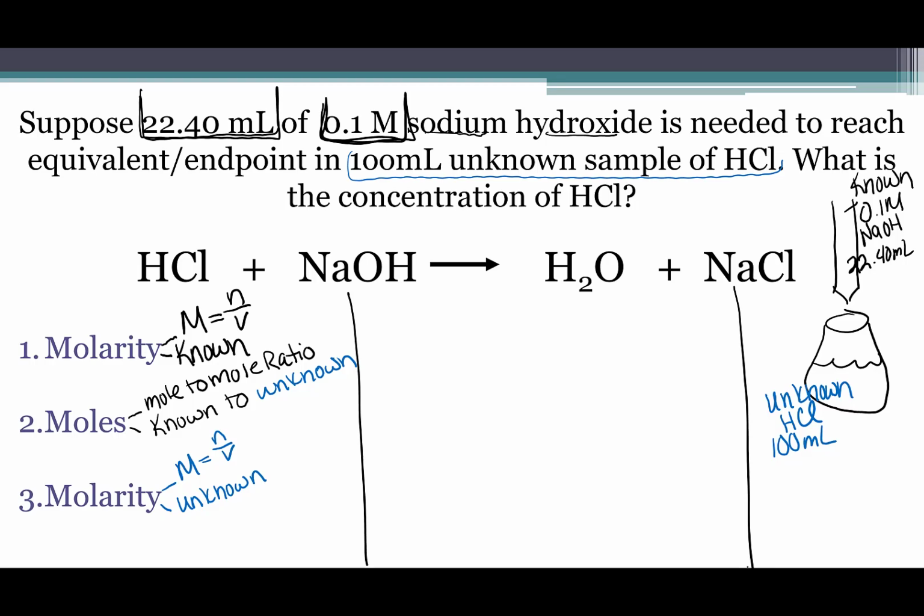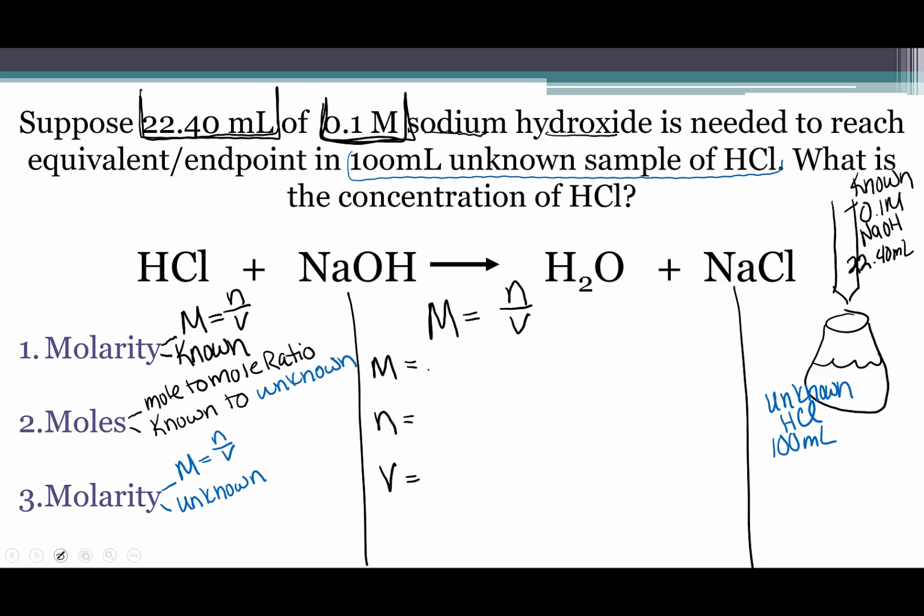Step 1, molarity. I'm using this formula. I'm going to be inputting information about my known, so let me take inventory of what I know. All right, so my known is over here in my burette. This is the information I know.